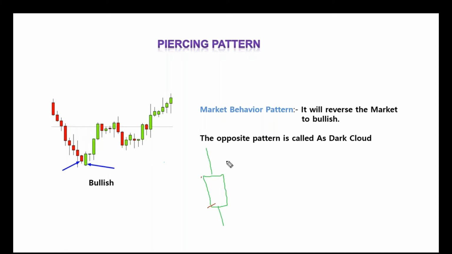But a new red candle which opens a little bit higher but actually came all the way down, and it has crossed the body of the previous candle and closed down here. So it will be called the dark cloud. So this will be a strong downtrend for the market.